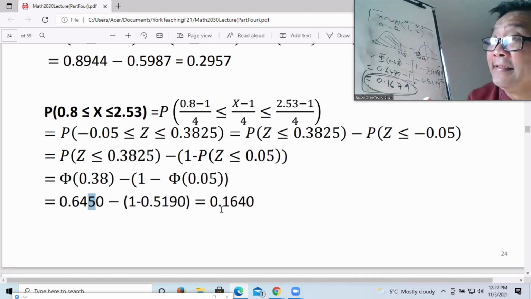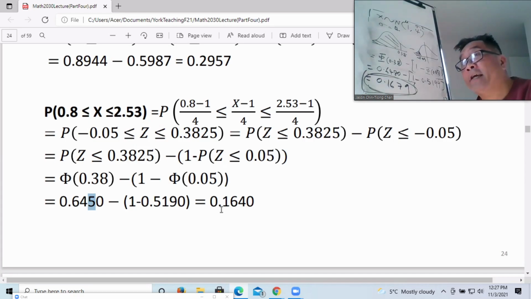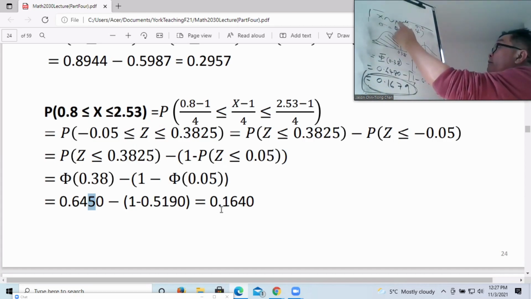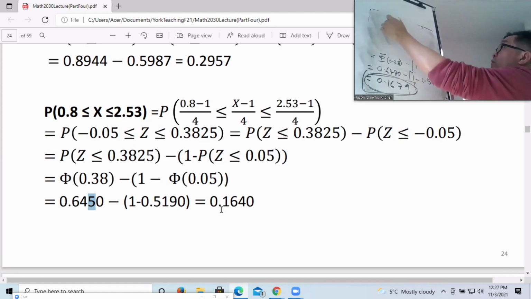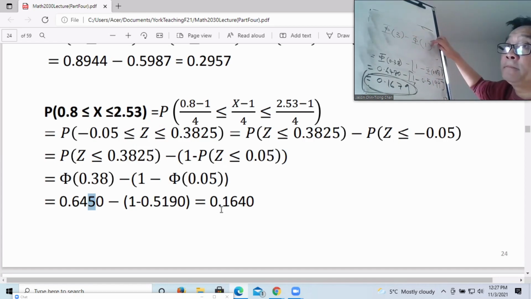Okay. Let's do a summary for the table. Even though we have a negative, we still can find the value, but don't make these mistakes. Let's say this is 3. Can I do 3 minus 1? No, don't make this mistake.